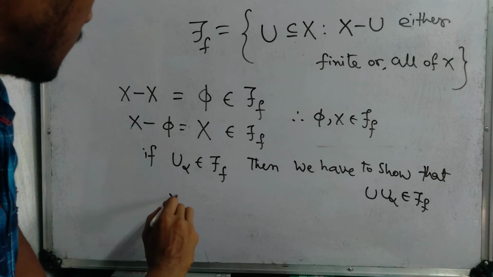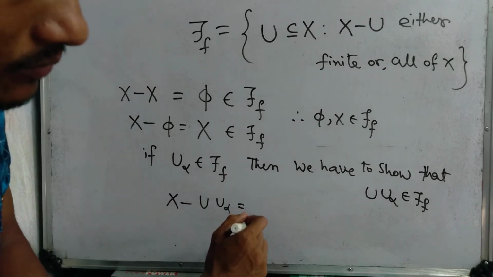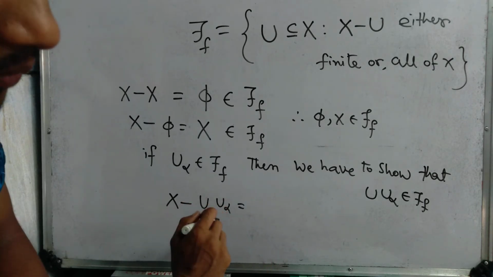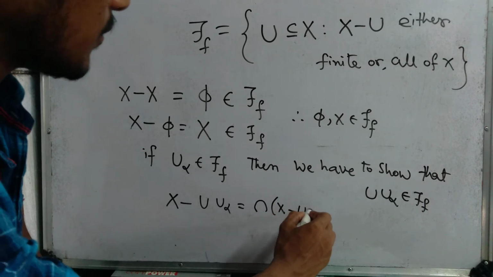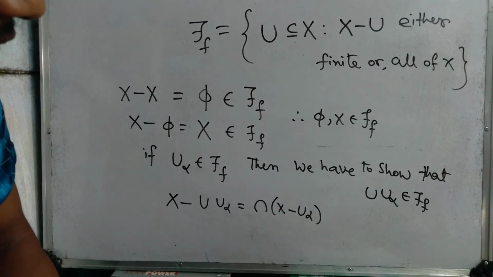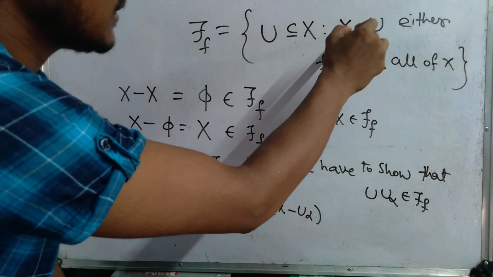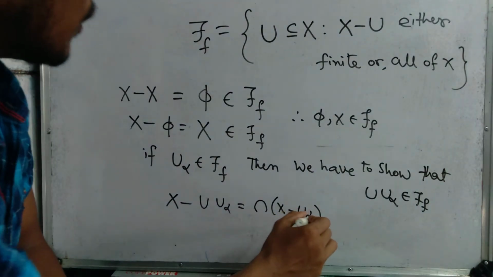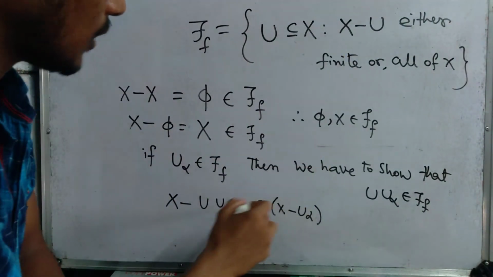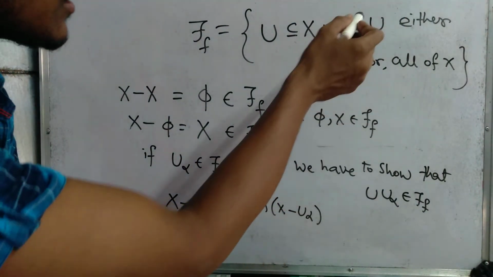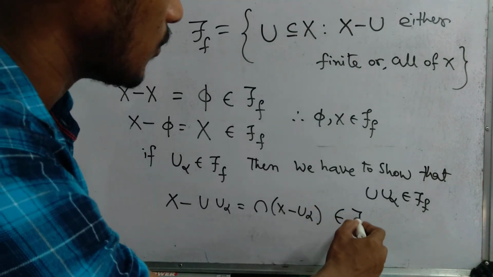We proceed: X minus the union of U alpha equals the intersection of X difference U alpha. From the definition of these sets, if U alpha belongs to tau f, then X minus U alpha must be finite, and the intersection of finite sets must be finite. So this belongs to tau f.